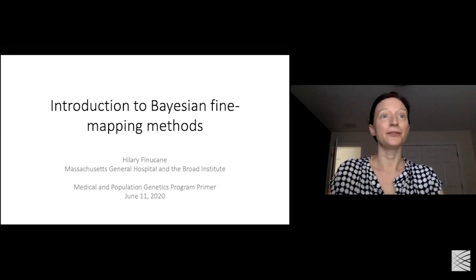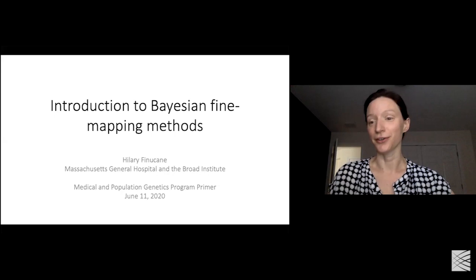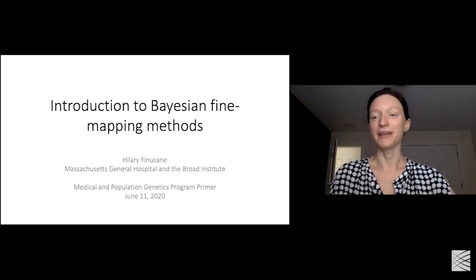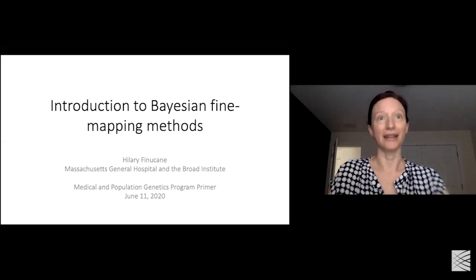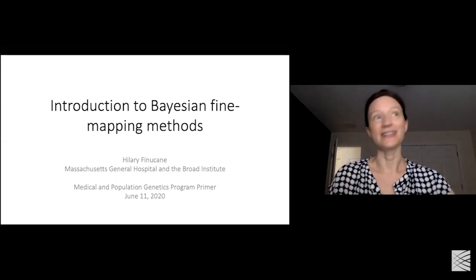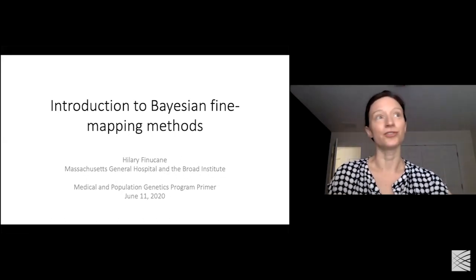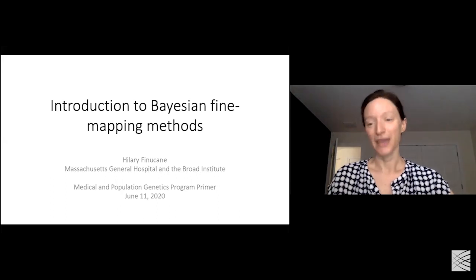She was selected for a very prestigious NIH Director's Early Independence Award and has been doing wonderful work here at the Broad. She's now co-director of the program in medical and population genetics. She's also an assistant in investigation at the Analytic and Translational Genetics Unit at MGH, and is about to be an assistant professor at HMS. So we are so thankful for her today for sharing this presentation with us.